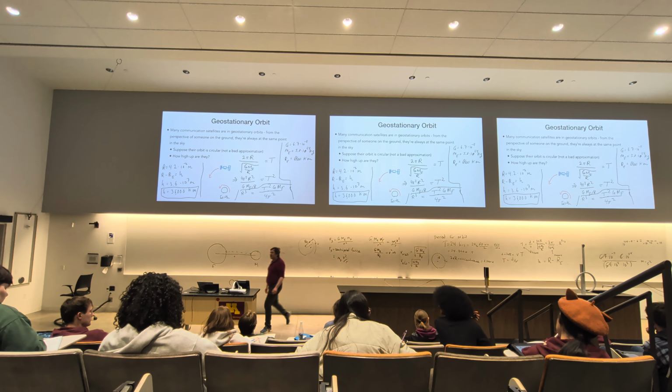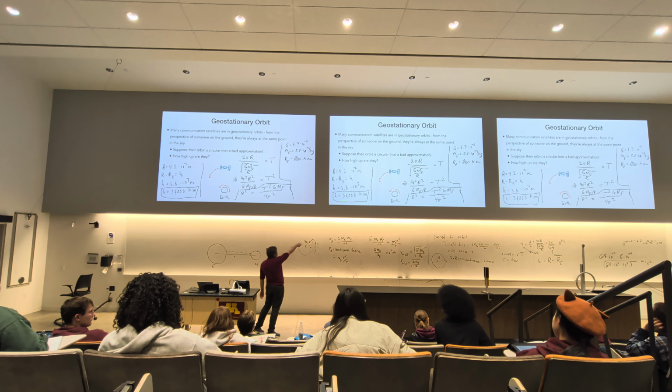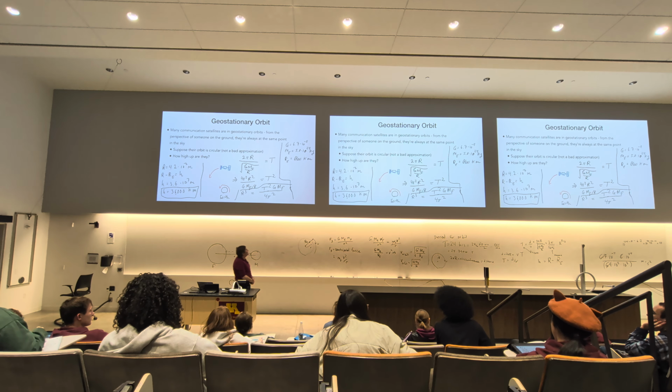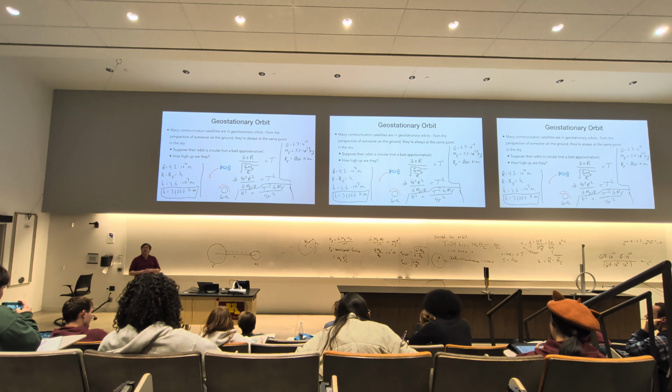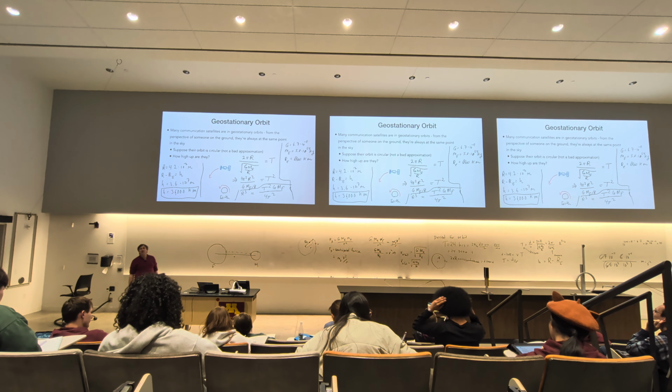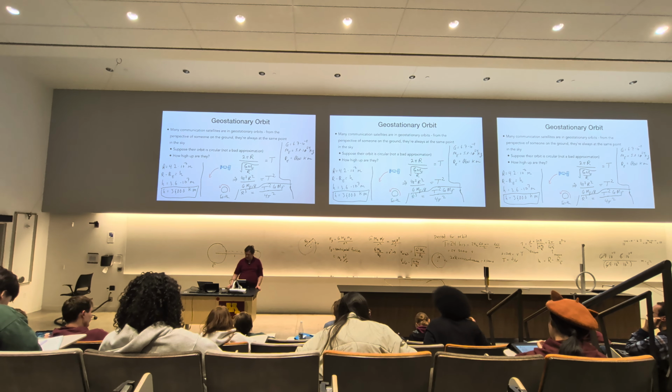But when you finish the exercise, what you discover is that the height is 36,000 kilometers. Remember, the Earth's radius is 6,400 kilometers. This is like 10 times the distance. So geostationary satellites are really, really, really high up.